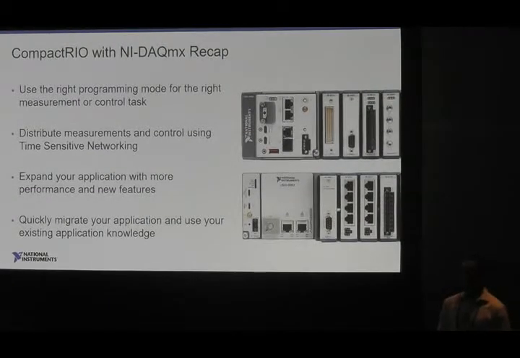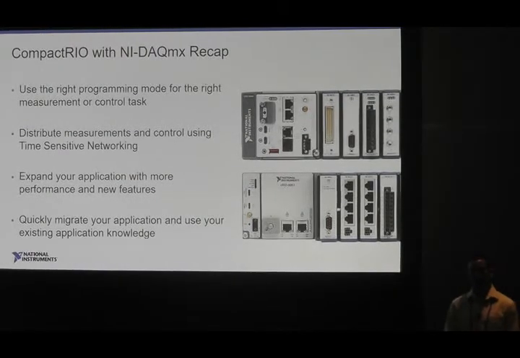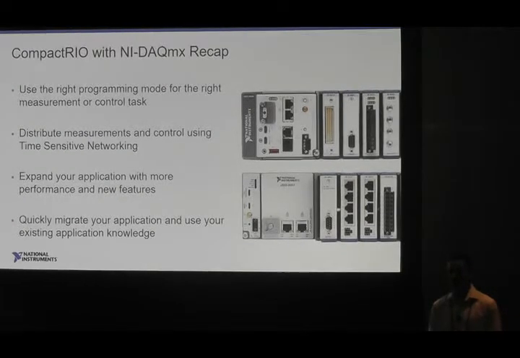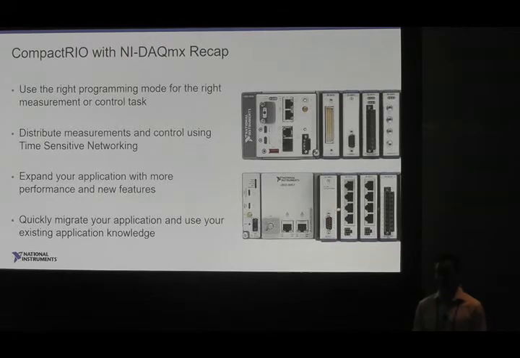So to quickly recap before we open up to questions, and then there's just a couple more slides here. First and foremost, I just want to bring it back to the 3 main things we've been talking about all along. You have the programming modes so that you can really use the right API for the right task, based on what you're trying to do, so you don't have to use an experience that maybe isn't quite as optimized for it.